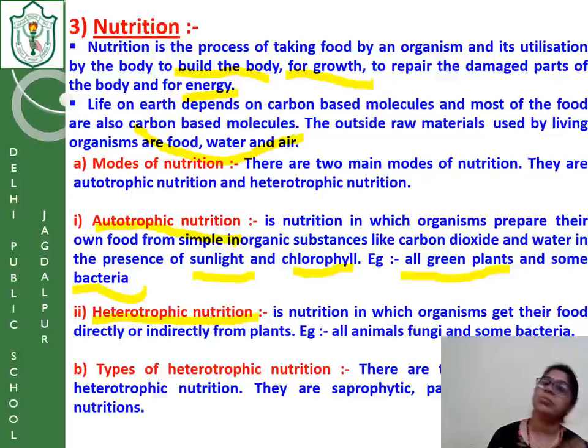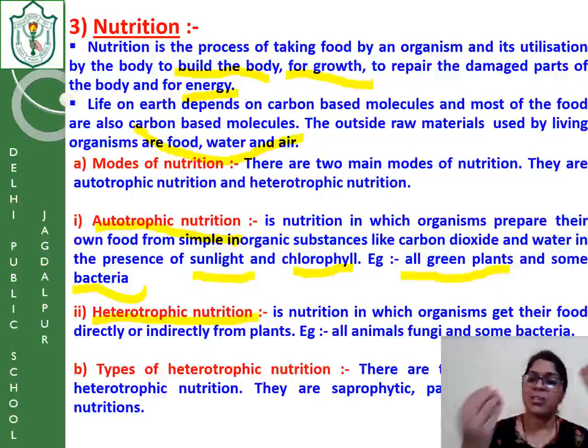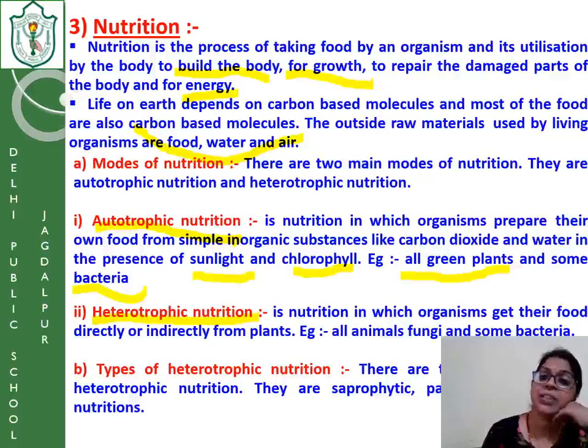They depend on plants directly or indirectly. Directly means those who eat the plants. Indirectly means those which eat plant-eating animals. In both cases, they are unable to make food and are dependent on others. In this group we add all the animals, fungus and some bacteria, such as archaebacteria, you can add it.